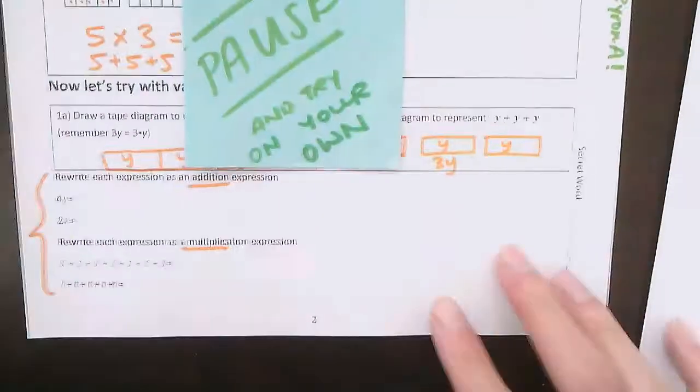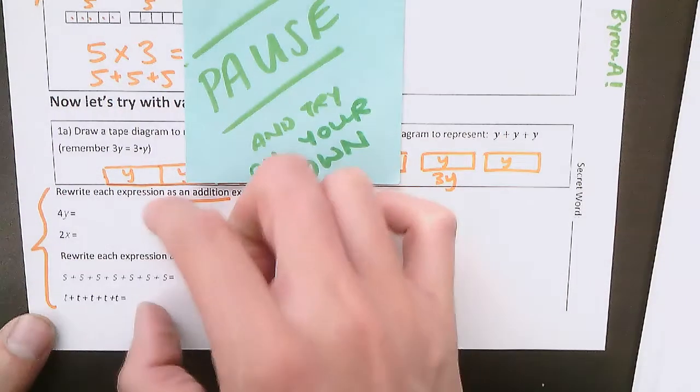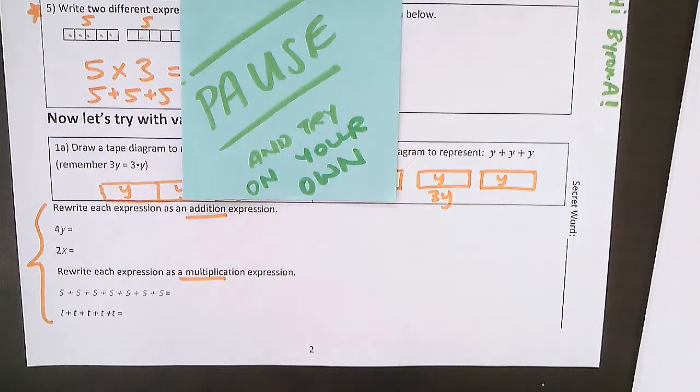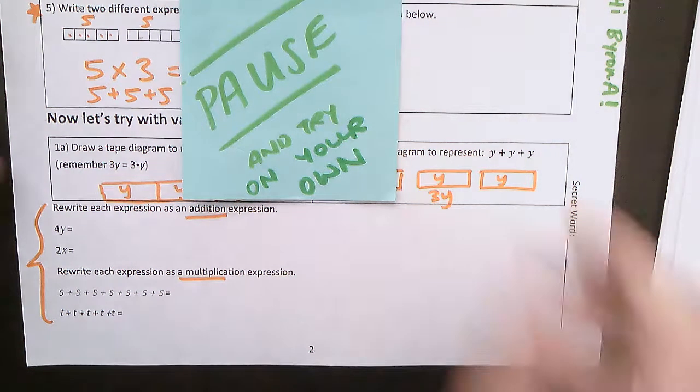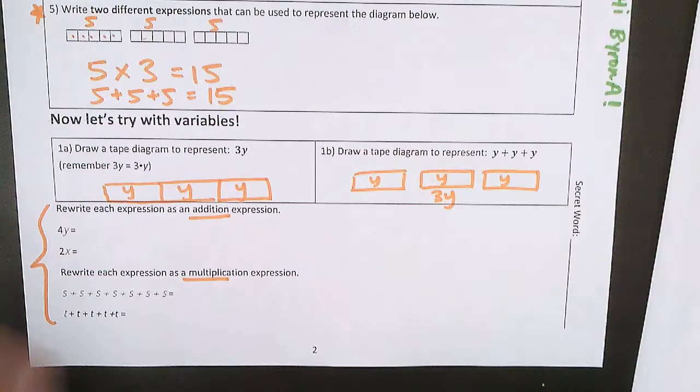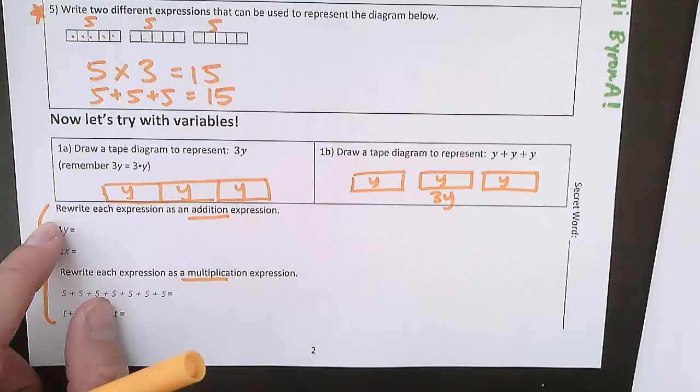So you're going to pause, and you're going to try these ones on your own. And now you are resuming the video after you tried these bottom ones on your own.